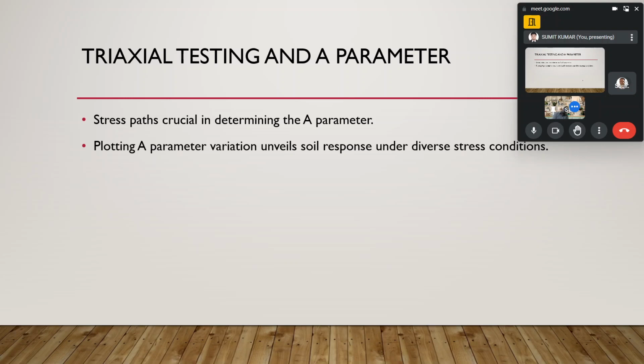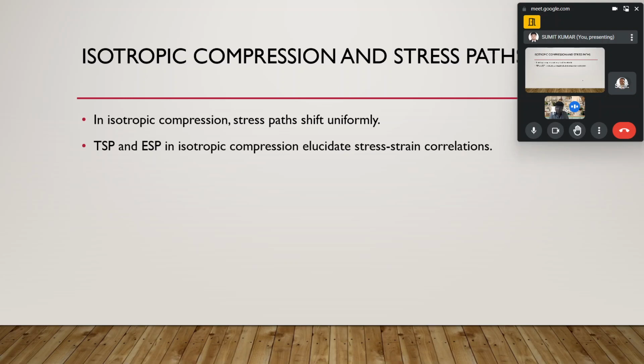Okay. Now, when we talk about triaxial testing and the A parameter, we are aware of it, and we have talked about it during this class as well as during the earlier classes. Now, the isotropic compression and the stress path. In isotropic compression, the stress path shifts uniformly. The total stress path and effective stress path in isotropic compression elucidate the stress strain correlations.